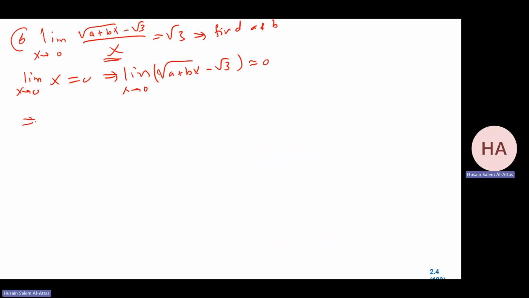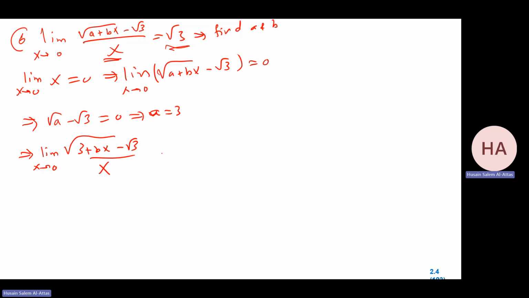That implies what? Square root of a minus square root of 3 equals 0. So very clear, a equals 3. That means limit x goes to 0, square root of 3 plus bx minus square root of 3 over x equals square root of 3. Let me rationalize it first.